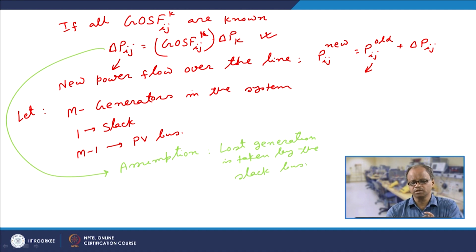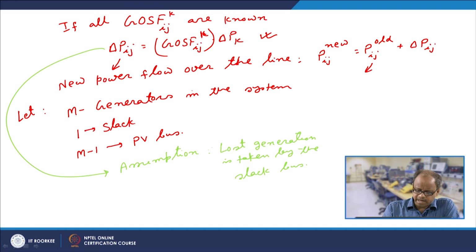So it should be able to take the extra amount of generation, but obviously our slack generator does not have infinite capacity. In case of outage of a big generator, if our slack generator has to compensate for the loss of that entire generation, it may happen that this slack generator would be completely out of its rating.